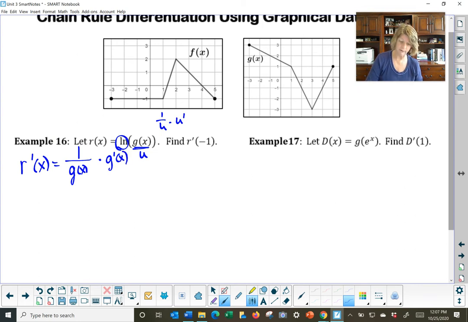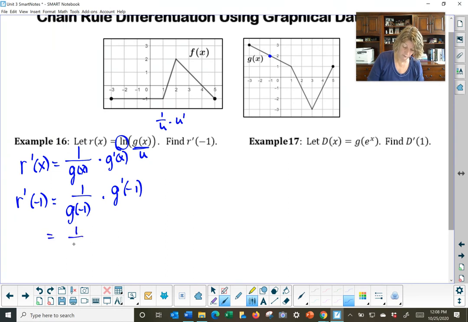And that's all there is to it. R prime of negative 1 equals 1 over g of negative 1 times g prime of negative 1. G of negative 1 comes out with 2. So this is a 1 over 2. And the slope at negative 1 for g is negative 1/2.